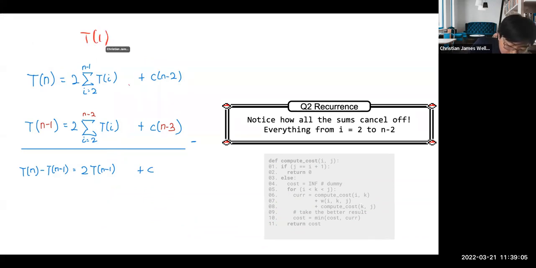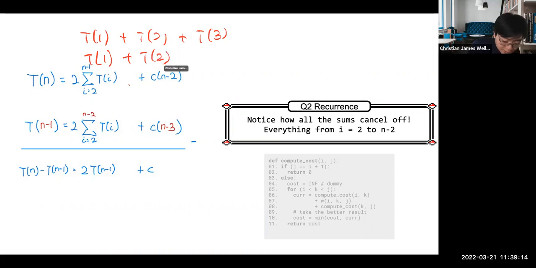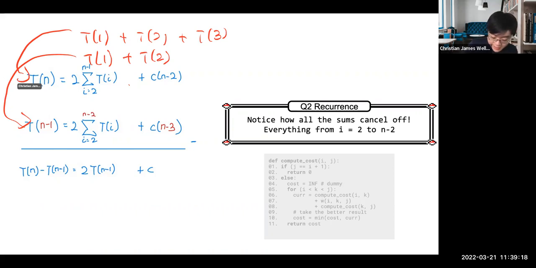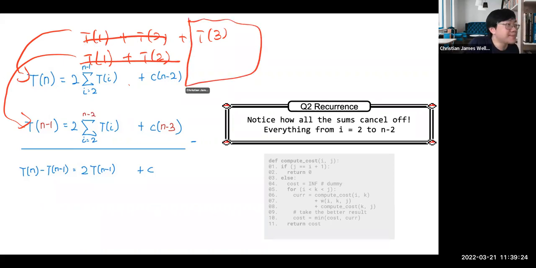Imagine T1 plus T2 plus T3 is the top one, and the bottom one is T1 plus T2. If you do a subtraction, the common terms are going to cancel off, leaving behind a single term.